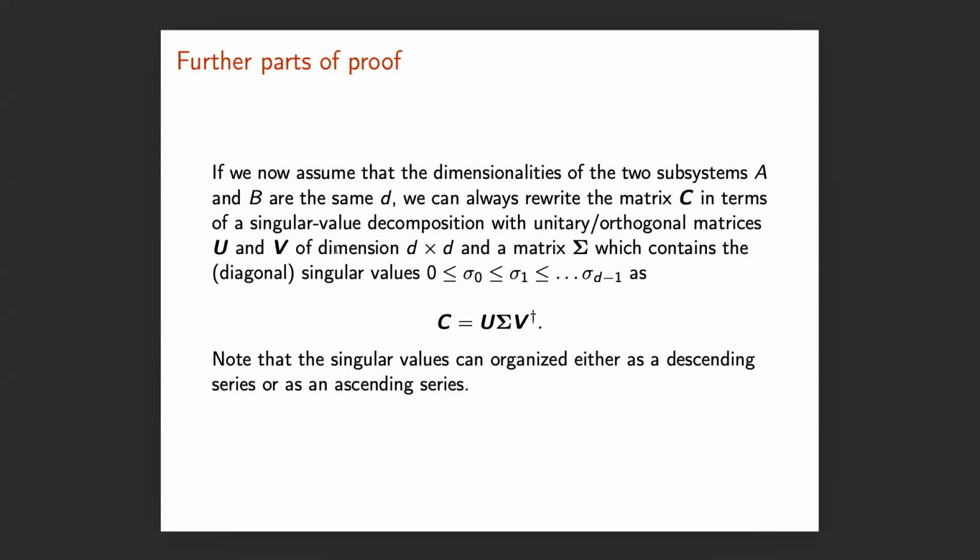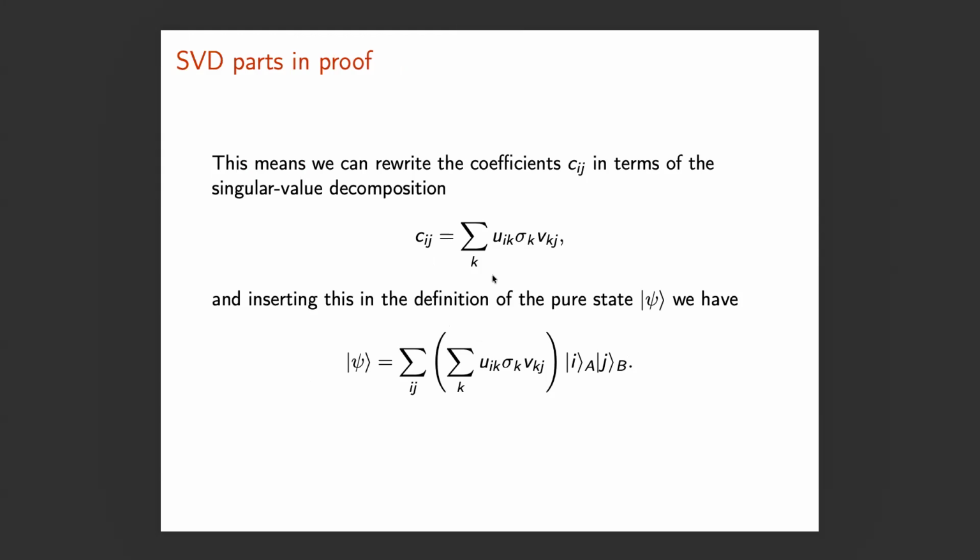The singular value decomposition simply says that you can rewrite it in terms of two orthogonal matrices, U and V. If it's D and D here, which is a dimensionality, this has dimensionality D times D, and this D times D. And the matrix sigma contains the so-called singular values. I'm assuming that you have seen the singular value decomposition before. That means you can rewrite these coefficients C, i j in terms of the singular value decomposition.